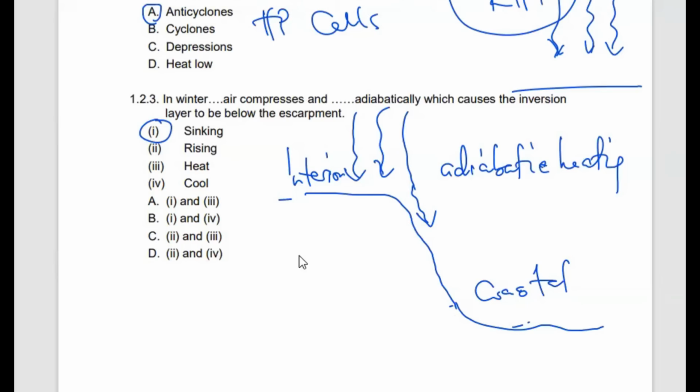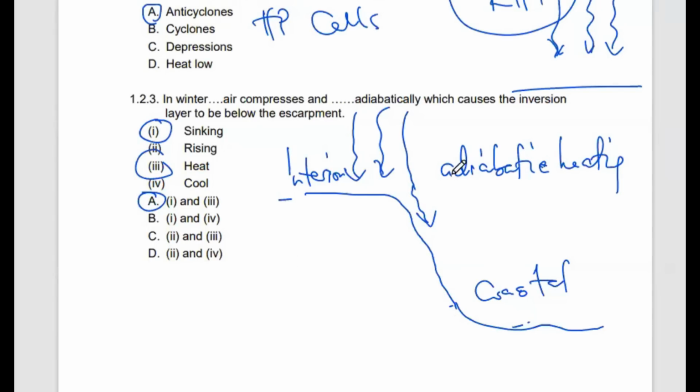The air molecules are exposed to more pressure as they sink down, and because of the increase in pressure, there is limited space. With that limitation of space, the average temperature of the molecules is going to increase because of the reduction of the space which the air molecules are occupying. So as a result, we have adiabatic heating happening. So we have item 1 and item 3. So our correct response is item 1 and 3, which we find at A. That is our correct response for that particular question.